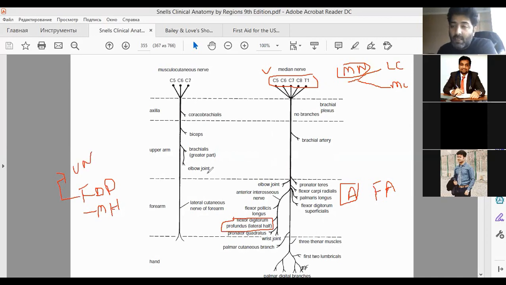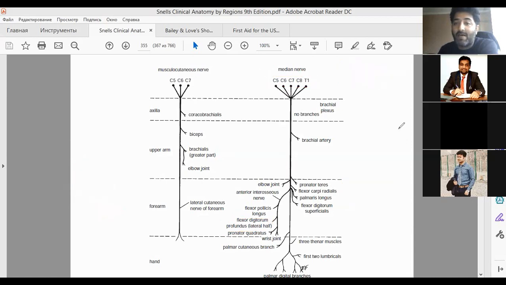Profundus means deep muscle. Which nerve? The ulnar nerve. So please remember, all the muscles of the anterior compartment of the forearm are innervated by the median nerve, except those two.